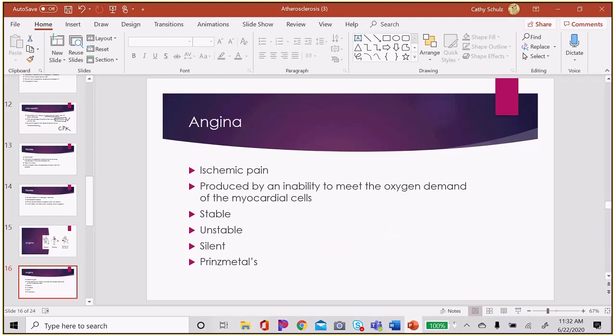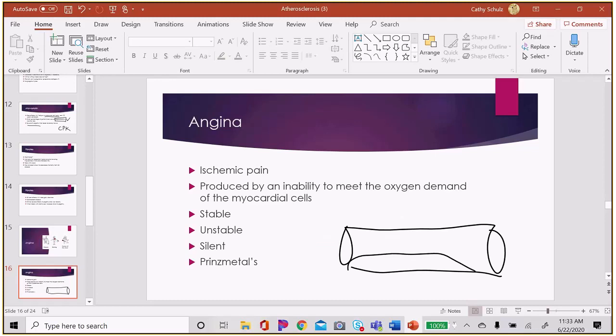Typically, if the person has atherosclerosis and they have a vessel that has a plaque in it, that means there is less blood flow through that vessel because it has a decreased lumen. There's just less space.